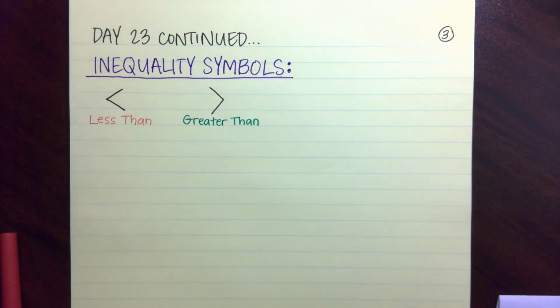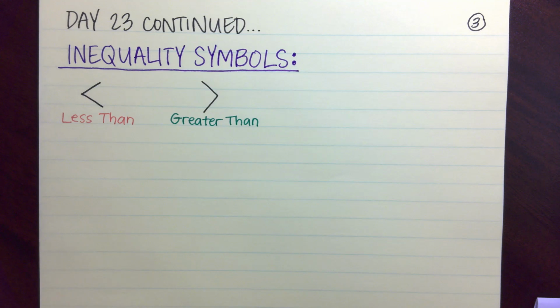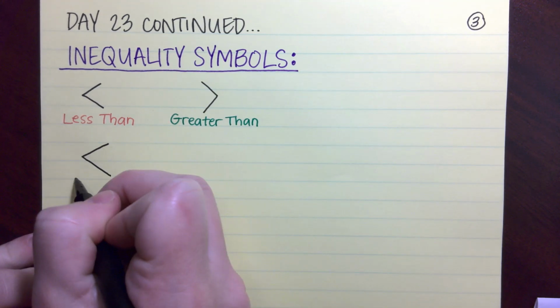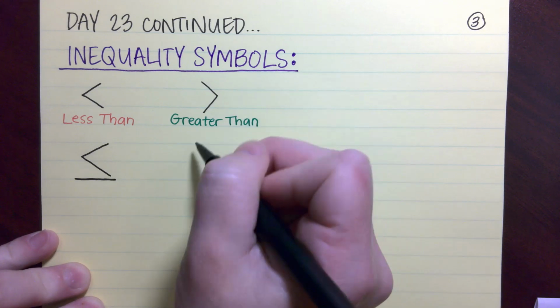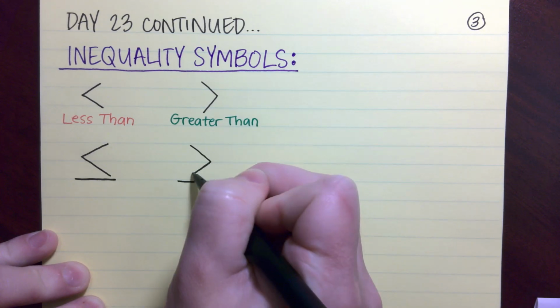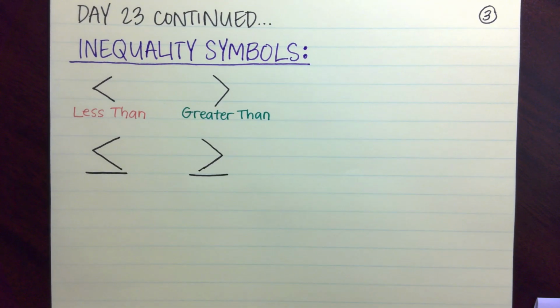So here's the new ones. We also have a symbol that looks like this. And like this. So I promise you it's not too much more difficult. Is that a division? Nope, don't worry, it's not a division.